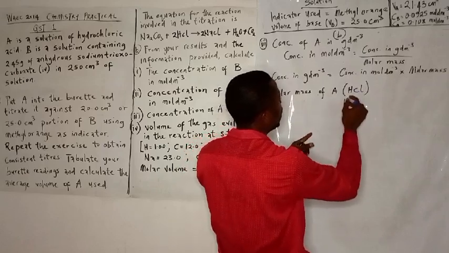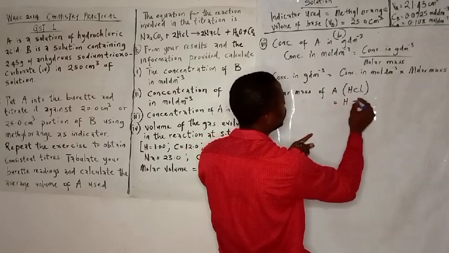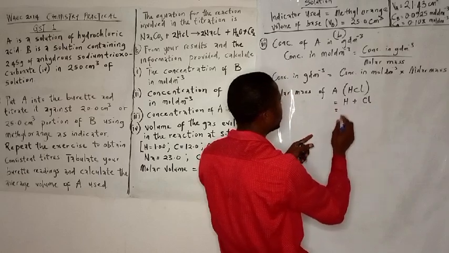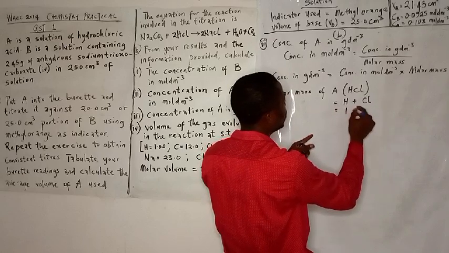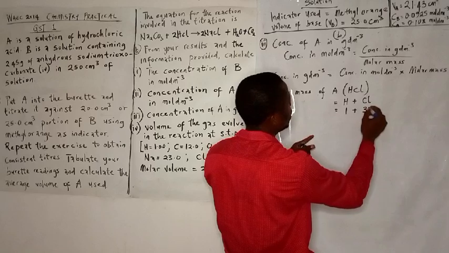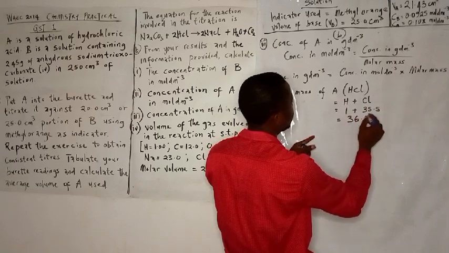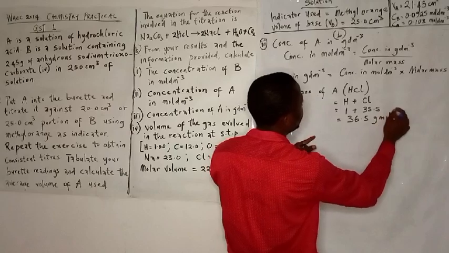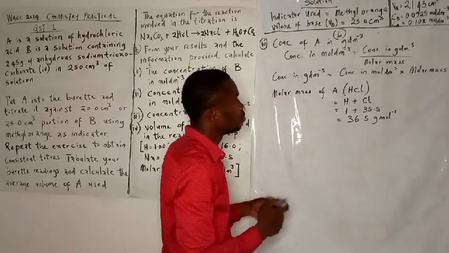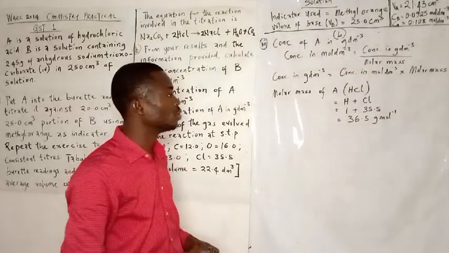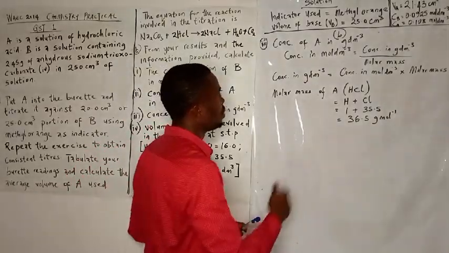Here we have one atom of hydrogen plus one atom of chlorine. So we substitute their mass numbers. Hydrogen has a mass number of 1, plus chlorine has a mass number of 35.5, and then 1 plus 35.5 will give us 36.5 grams per mole. Please always put the units of whatever you're calculating for. So we have it as 36.5 grams per mole.